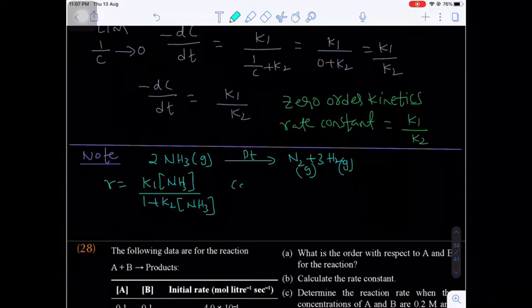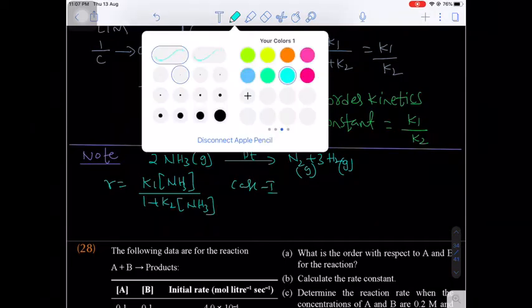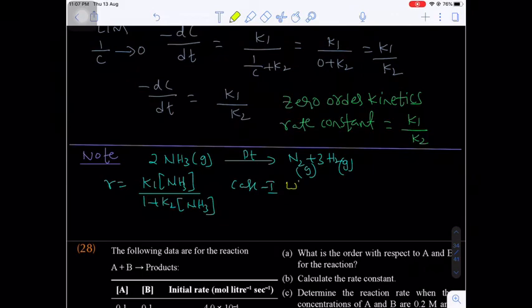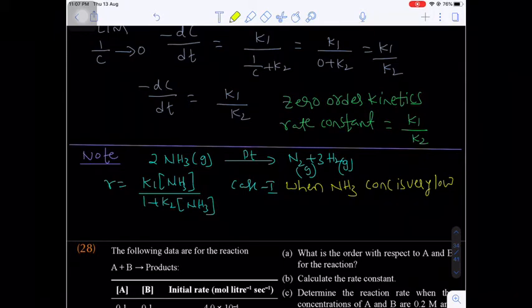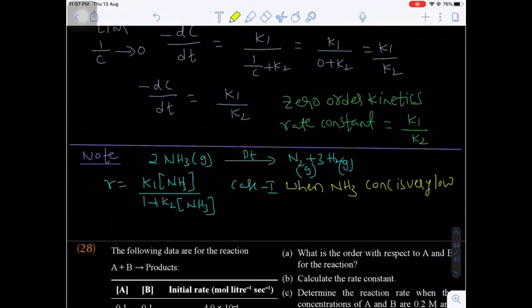Now here there are two possibilities, case 1 and case 2. Case 1, when the ammonia concentration is very low. Just now I told you, when the concentration of ammonia is very low, in the denominator K2 times ammonia can be neglected as compared to 1.